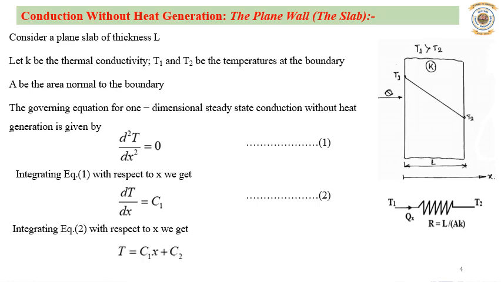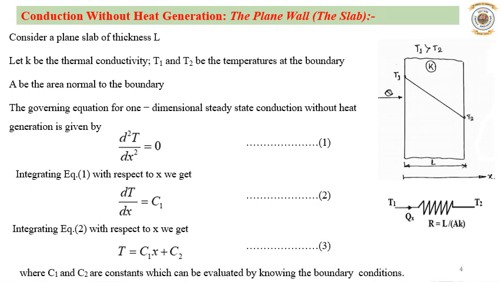We will get T is equal to C1 into x plus C2, where C1 and C2 are constants which can be evaluated by applying the given boundary conditions. Call this equation number 3.